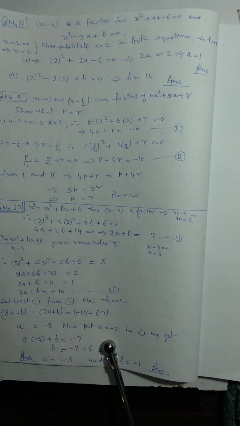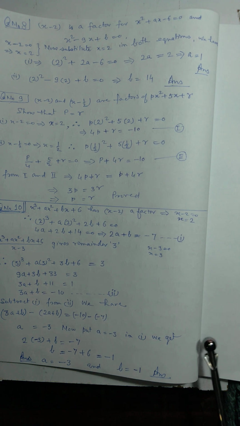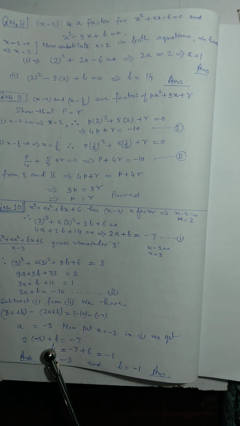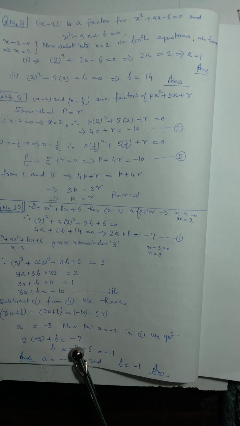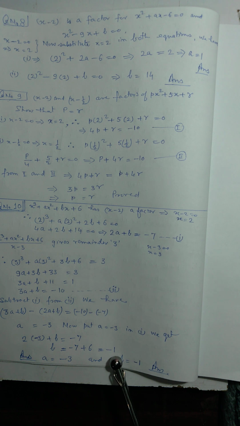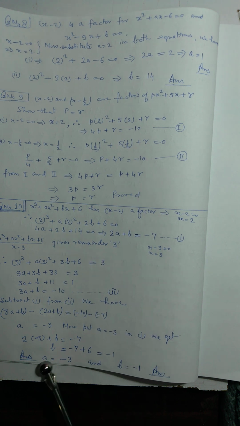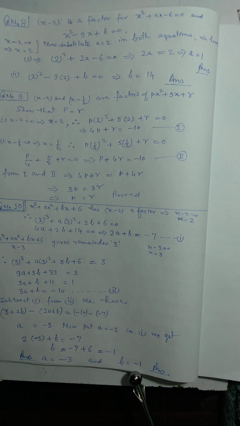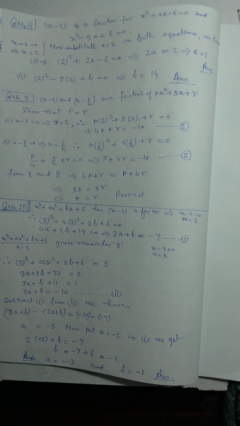Now put a is equal to minus 3 in the first. We get 2 into minus 3 plus b equal to minus 7. So b will be equal to minus 7 plus 6, that is equal to minus 1. Hence the answer is a is equal to minus 3 and b is equal to minus 1. This will be the answer.